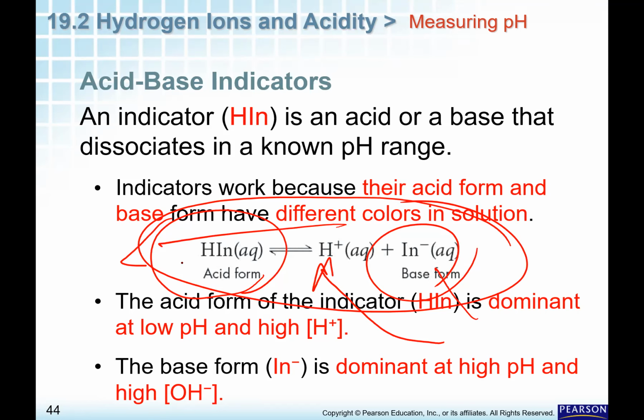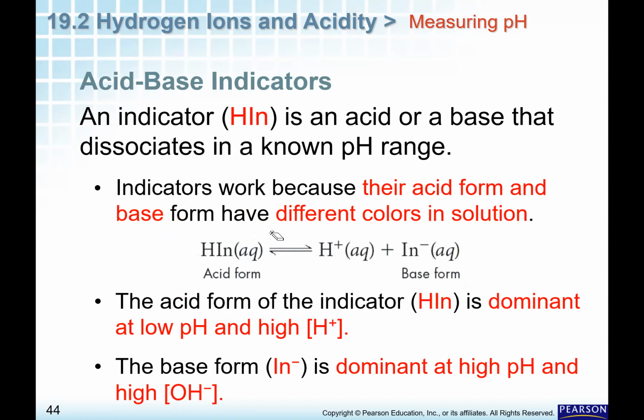Let me repeat this again so you can understand it. If we have an indicator that is added to our solution, the color will depend on which form is available. Those indicators change their color when we go from the acidic to the basic form. This is the acidic form, and that is the basic form.